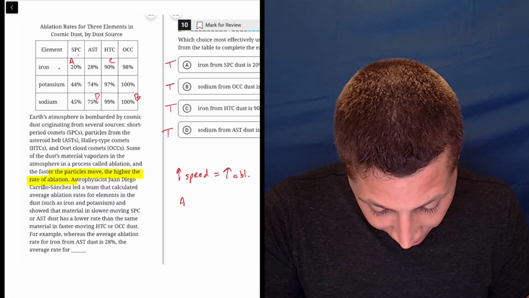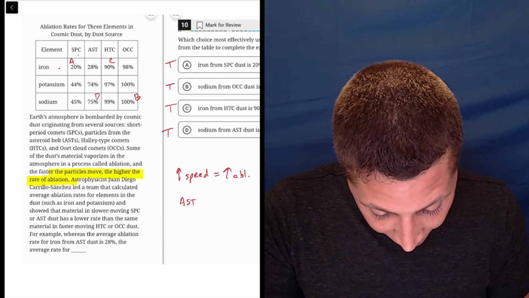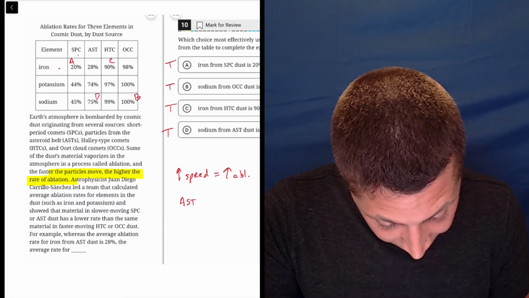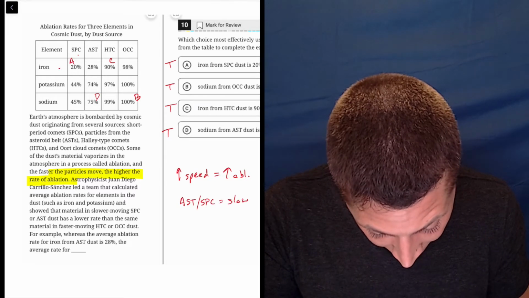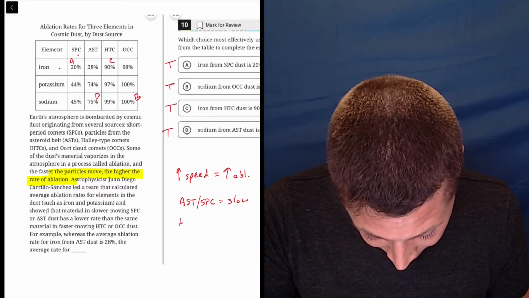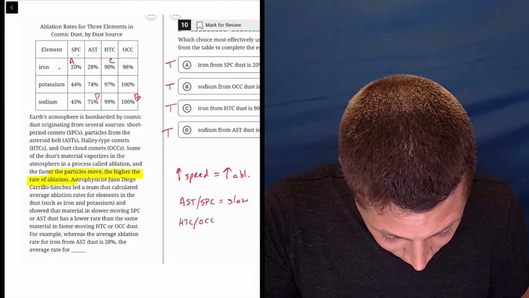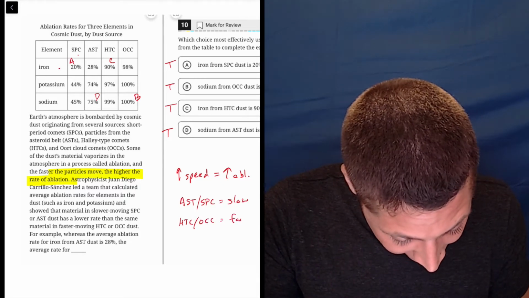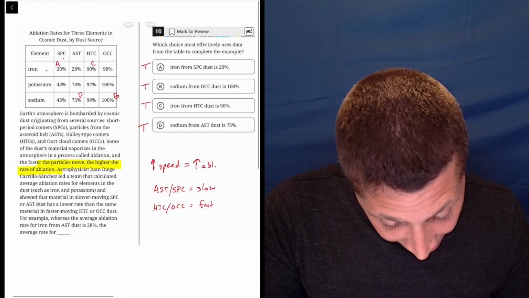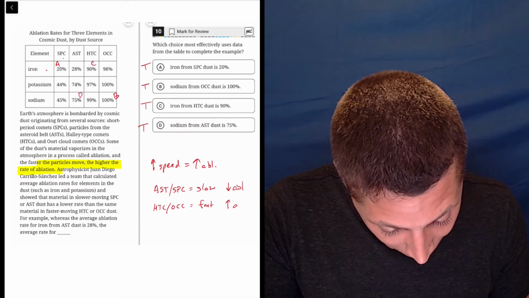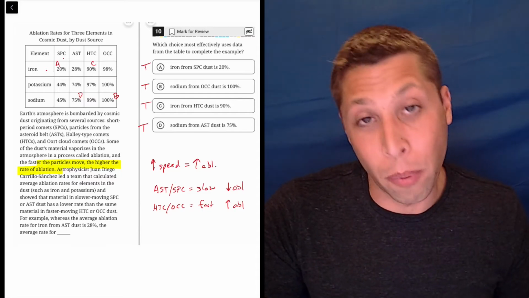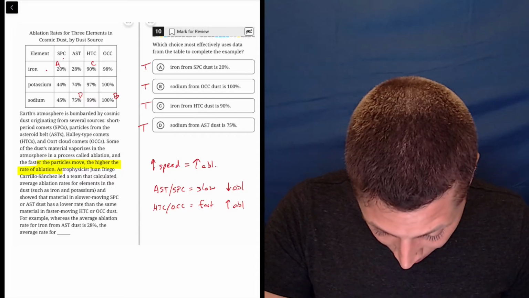I would write AST and SPC are slow, and HTC and OCC are fast. So just as a guess, slow probably means low ablation, and fast probably means high ablation because of what we wrote above.